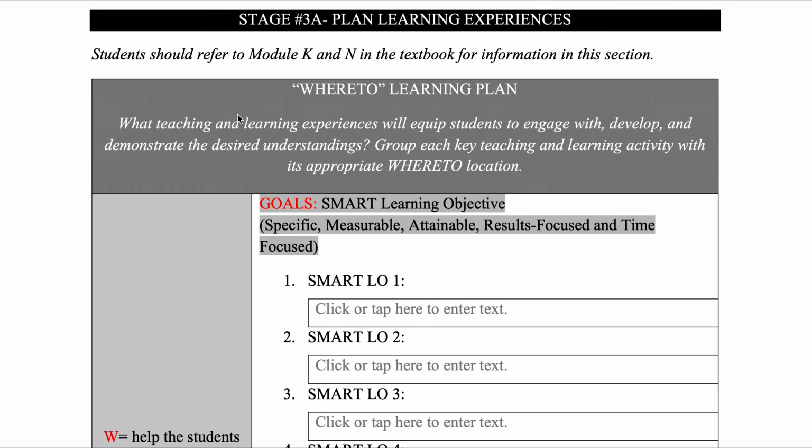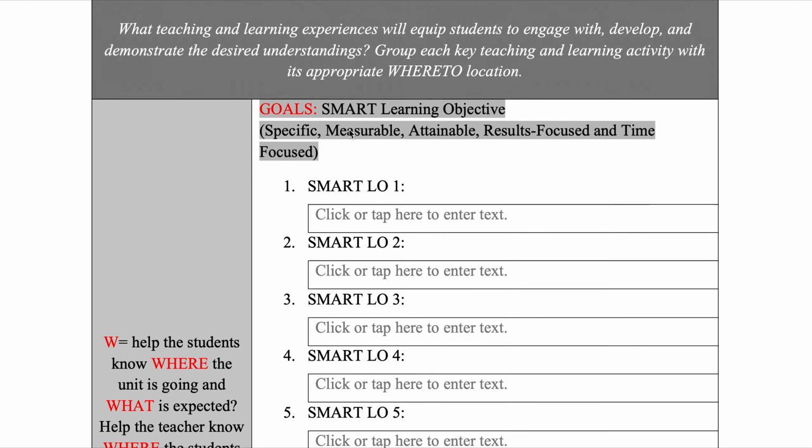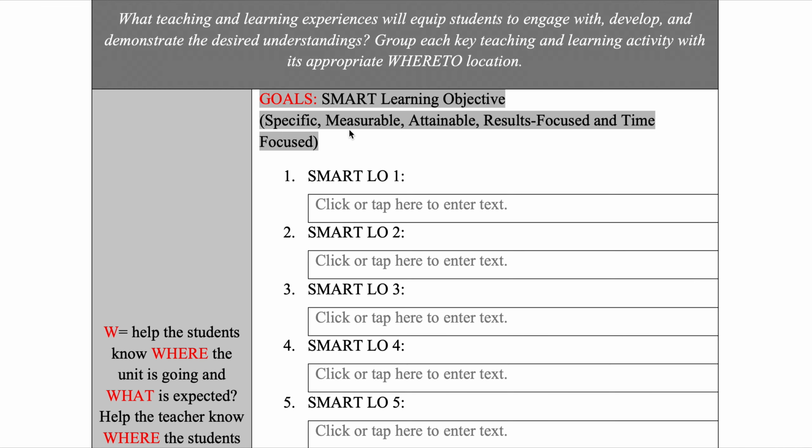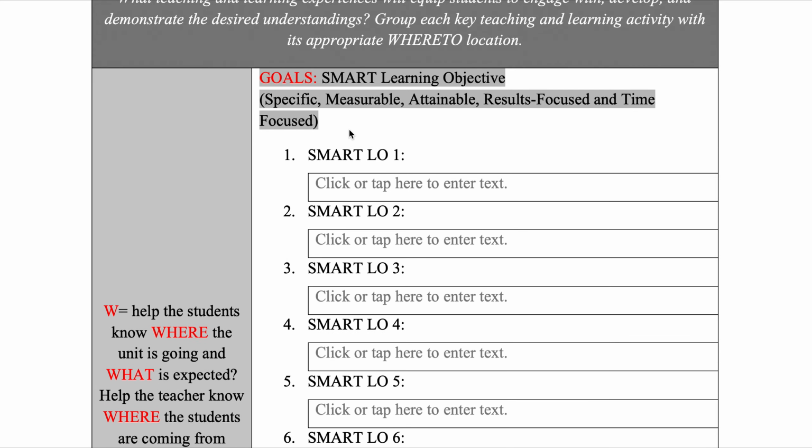In this section, teachers will be equipping their students to engage, develop, and demonstrate the desired understanding. This is the part where you will help the students know where the unit is going and what to expect at the end of the unit, as well as where the students are coming from as far as knowledge.